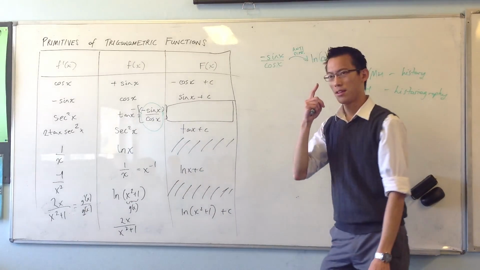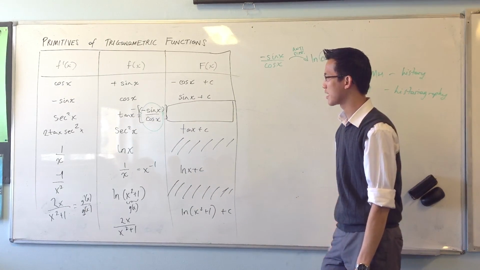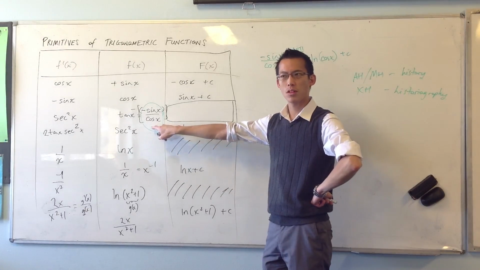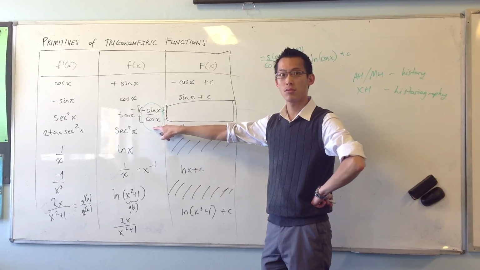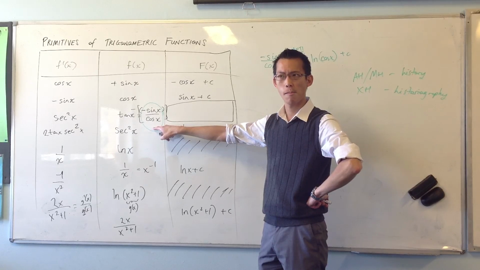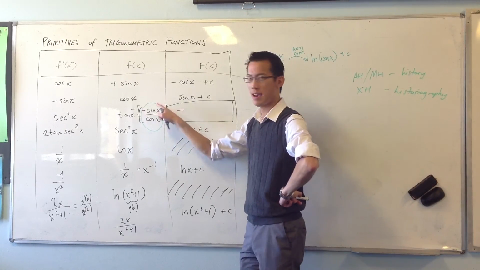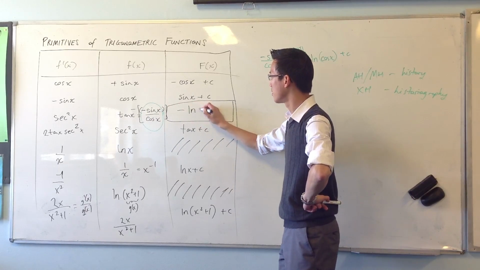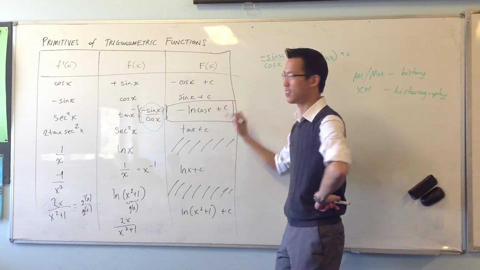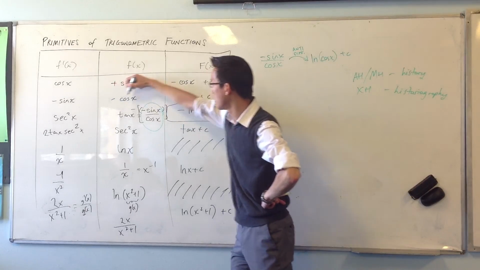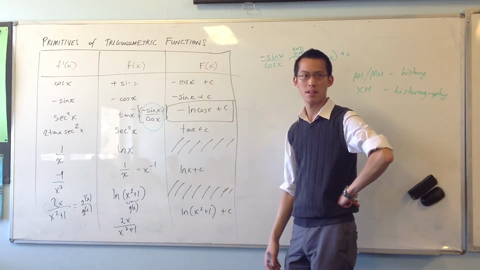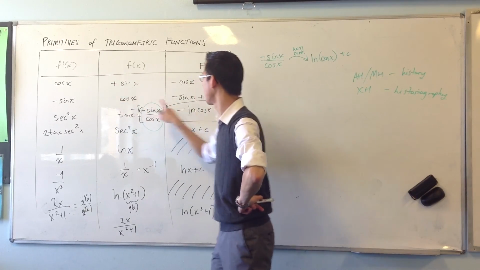Okay? So therefore, I ought to expect, what's the antiderivative? What's the primitive of this thing? It's just this, right, with a minus sign out the front. Just in the same way as if I put a minus sign here, and put a minus sign there, right? Does that make sense?